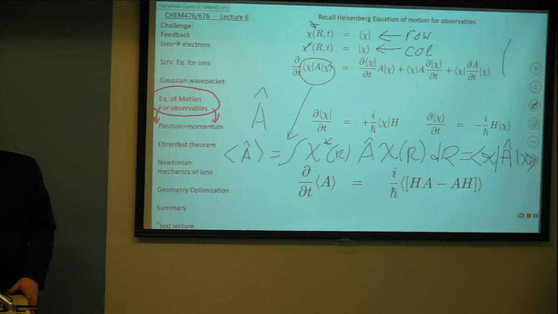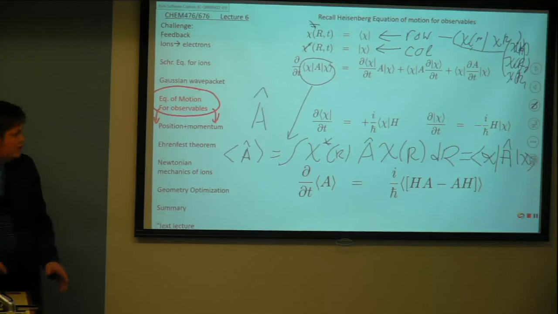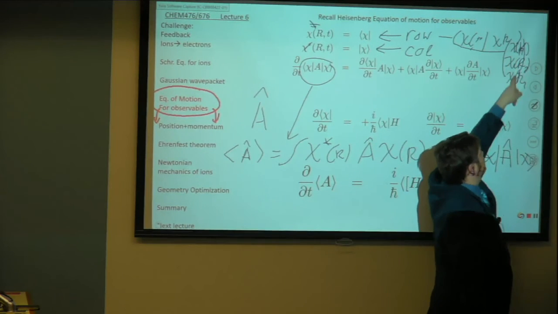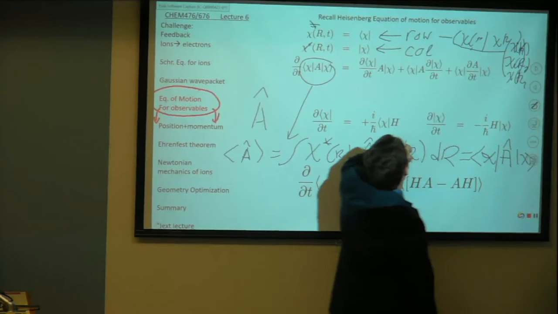Which means chi of R1, chi of R2, chi of R3, and here the same: chi of R1, chi of R2. So it's the same numbers, elements of this function, but they are written either in row or column form.